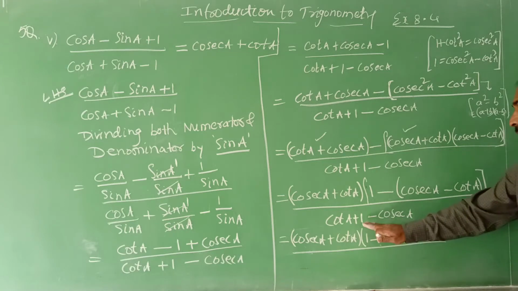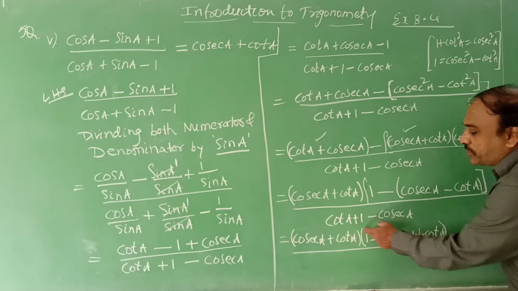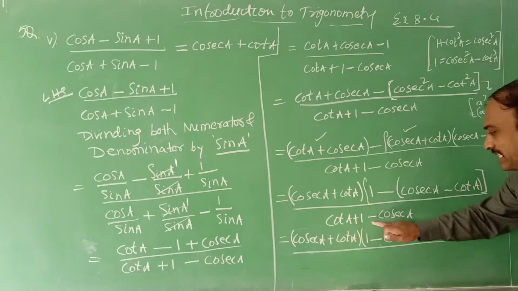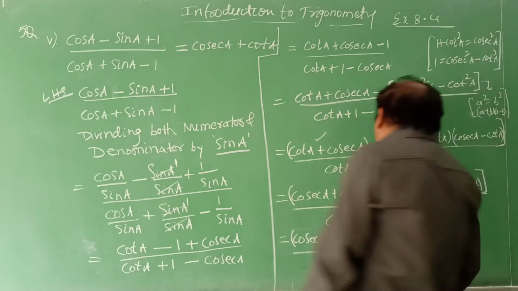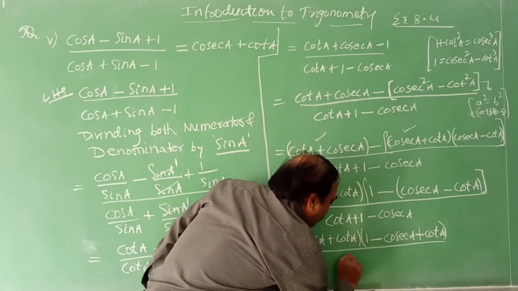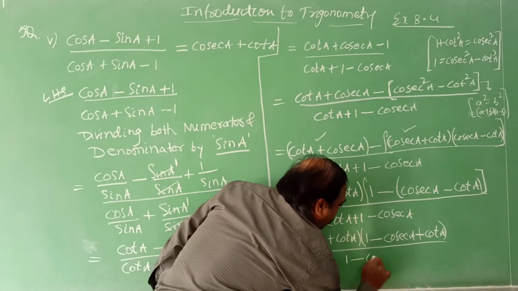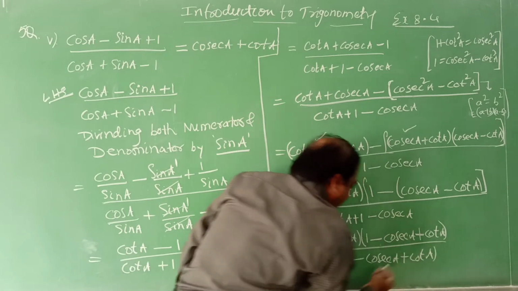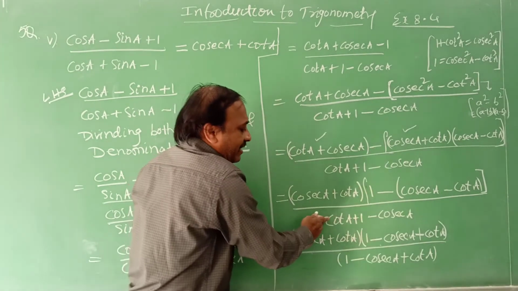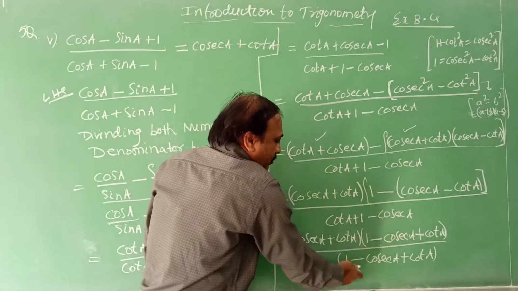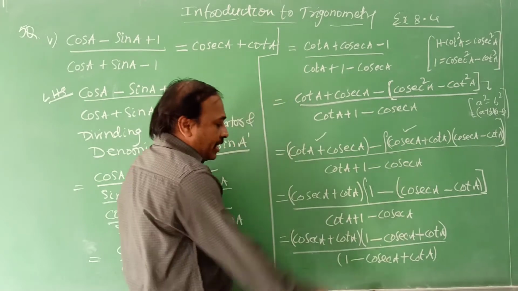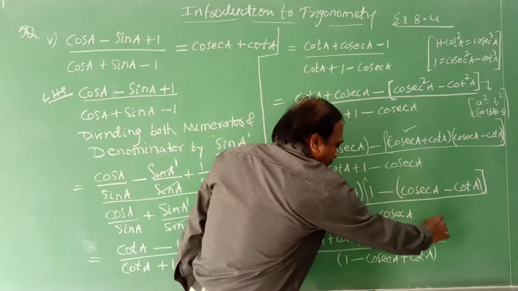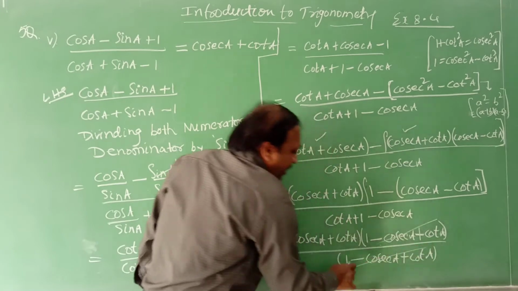Now I am just rearranging the terms of the denominator. First I write 1 minus cosecant A plus cot A. See, in both places this is one complete term.